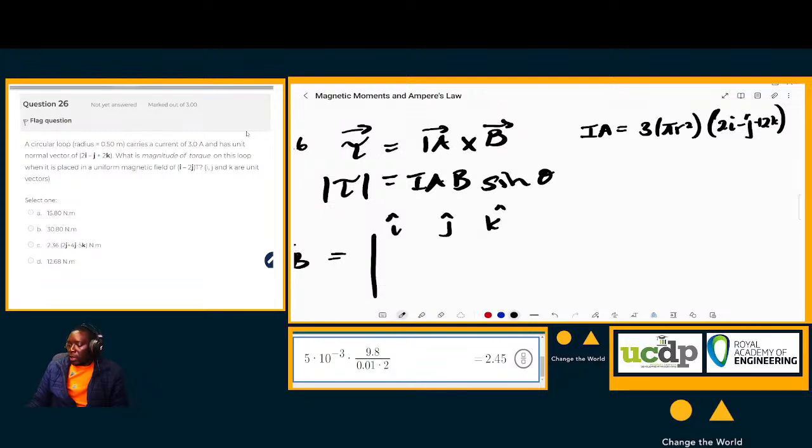With r squared being 0.5 squared, which is 0.25, we've got 0.75 pi multiplied by 2, minus 1, 2.